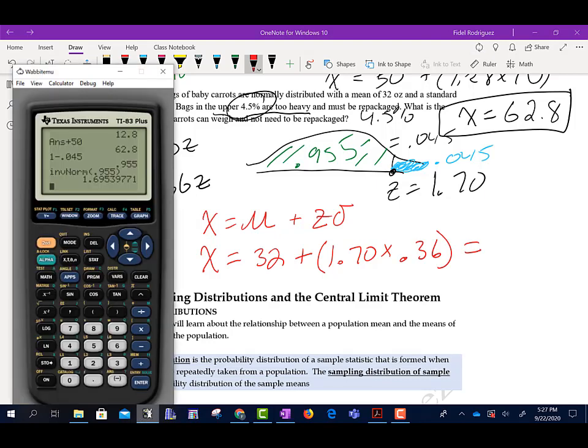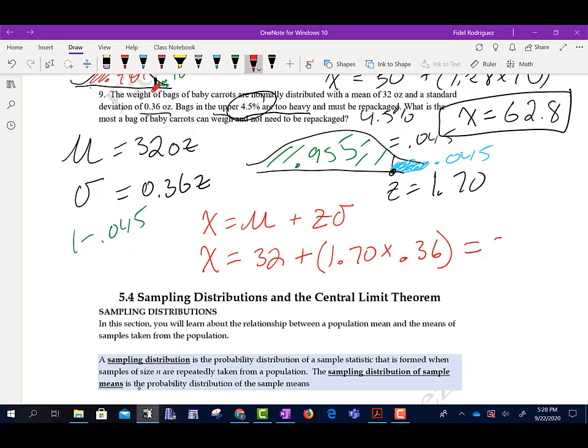Okay, so I'm going to grab my calculator. First thing I'll do is 1.70 times 0.36 is 0.612, and then when I add 32 to it, it's 32.612. And so that's the most that a bag can weigh before we need to repackage it.